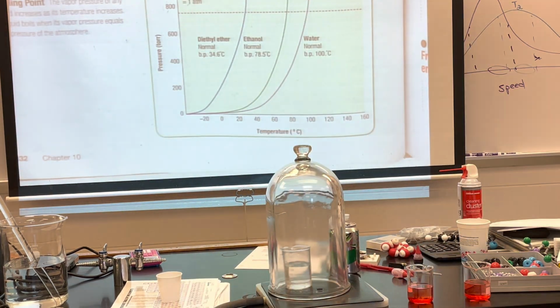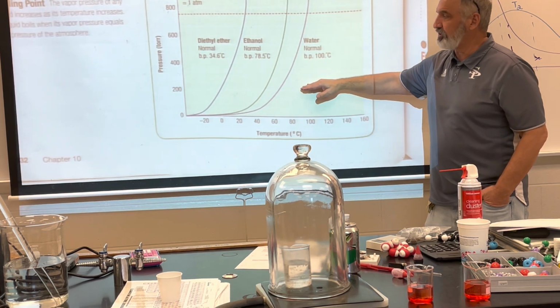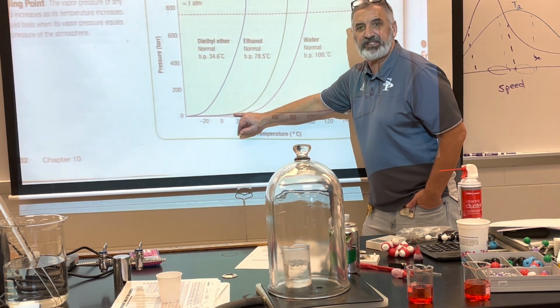So I'm sucking the air out. There it is. Okay, so now the water is beginning to boil. I haven't heated the water up at all. I am just lowering the atmospheric pressure to where vapor pressure, way down here, is equal to atmospheric pressure.